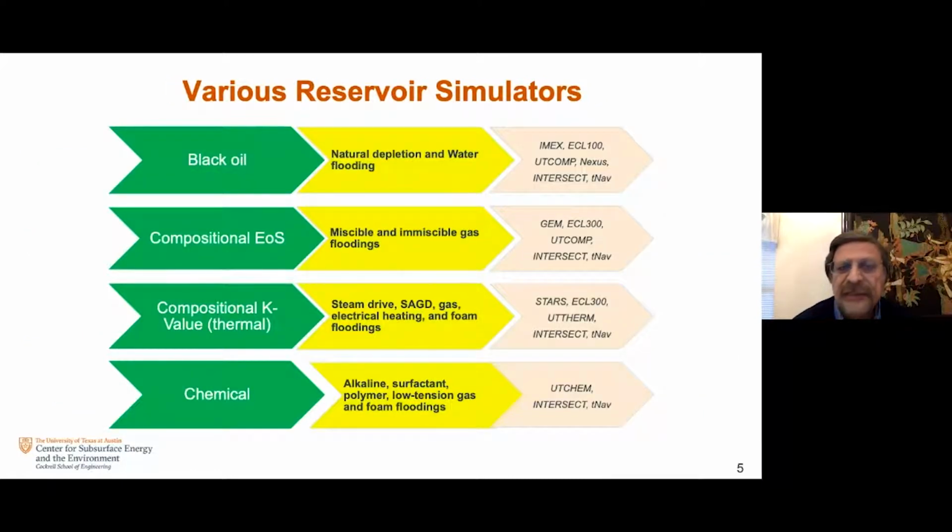Some of the simulators, and I'm sorry, I'm not covering all the simulators that exist in the whole world, but some of the simulators, to start with the black oil simulators, which are used for natural depletion and water flooding.